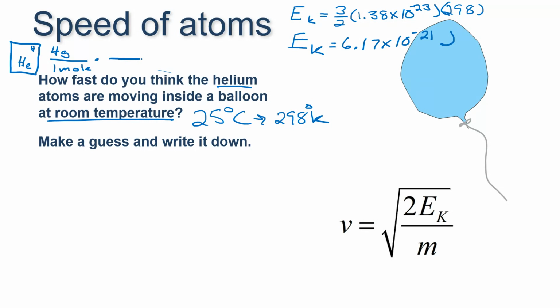And now I've got to convert that to atoms. Well, I know that I have to put 1 mole on top here. And we know that that is 6.022 times 10 to the 23, right? Atoms.